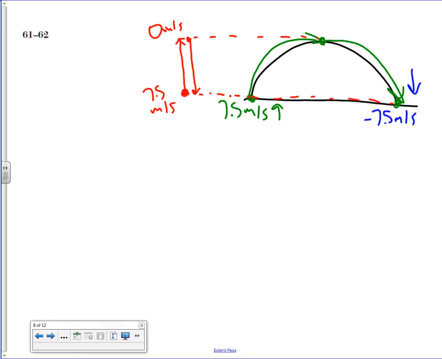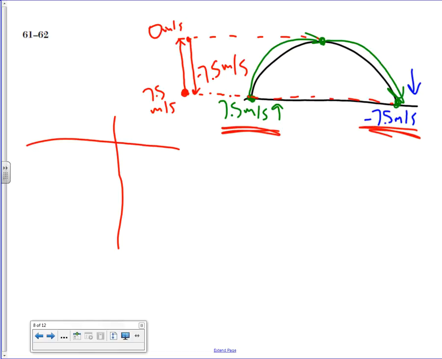We're coming down the same exact trip, the same distance, and because acceleration due to gravity is constant, we're going to end up with the same speed, just in the opposite direction, and that's denoted by our sign. So we have a negative 7.5 meters per second velocity. That accounts for our whole trip, because at the beginning we have 7.5, and at the end we have negative 7.5. So we can actually just use those to solve. We don't have to worry about doubling anything.